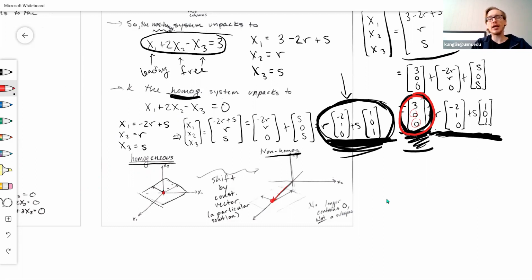And that plane that I get of solutions is still just crafted out of linear combinations of these same two vectors as I had in the homogeneous system. They've just been shifted away from the origin. Yet still, that same plane shifted away from the origin is giving me the set of all my solutions.